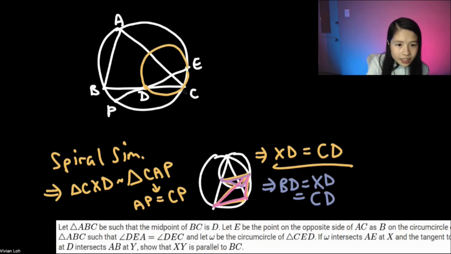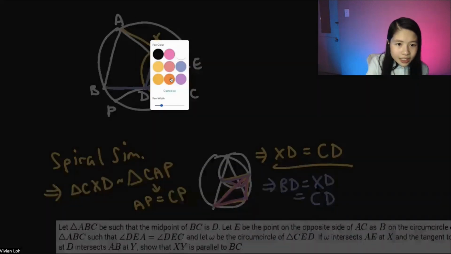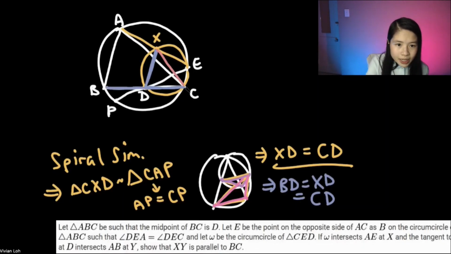And then AE intersects at X. We knew that XD equals DC equals BD. And we also had that XC was parallel to YD. So Y is going to be up here.